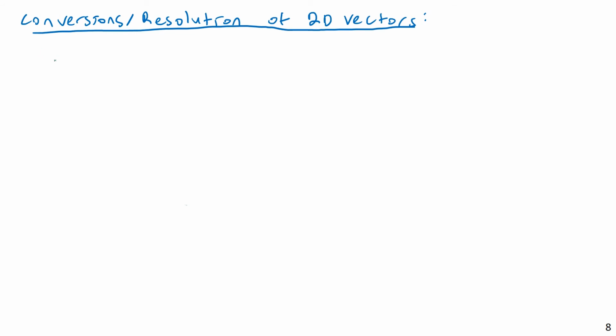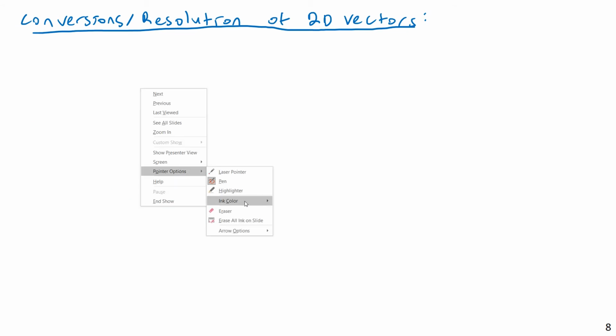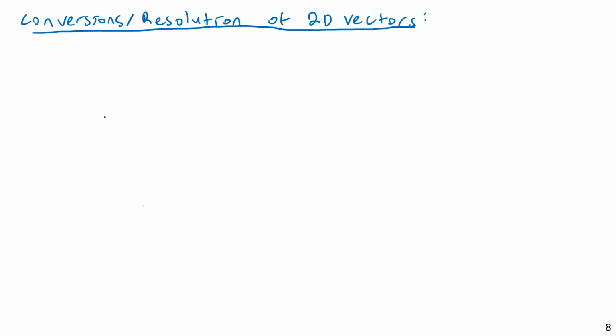Case 1, or the first one, would be, let's say I want to go from polar to rectangular. Although first, I might draw a little diagram. Maybe I'll start with a set of axes, the x and the y.